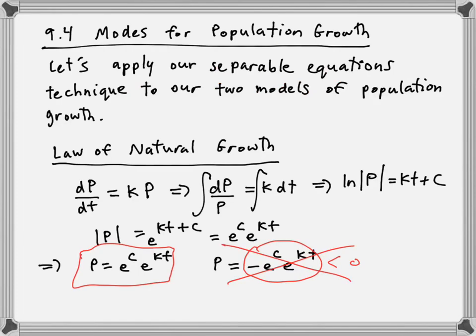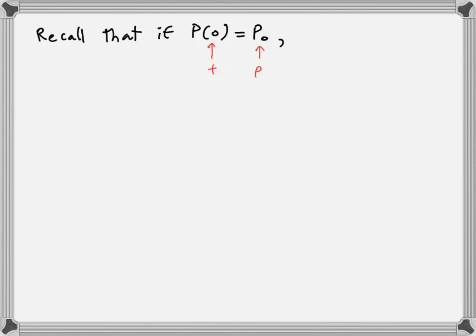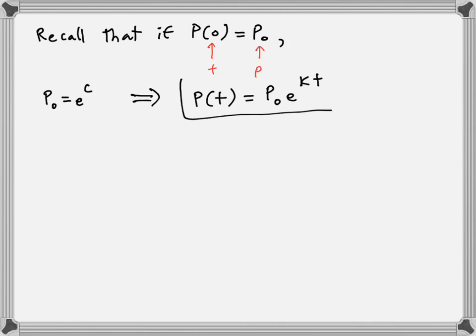So coming back here, we're going to plug it into this guy right here. So on the left, we're going to plug in P naught, and for t, we're going to plug in 0. So what does that end up giving us? From that equation, we actually get that P naught is equal to e to the C. And so this means that P of t is equal to P naught times e to the kt. So this is our law of natural growth formula.